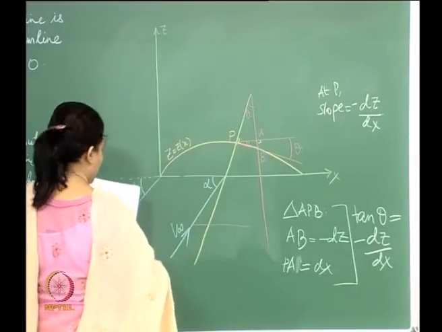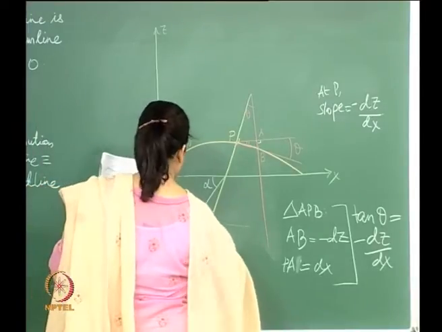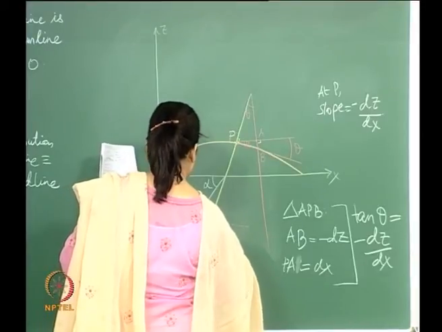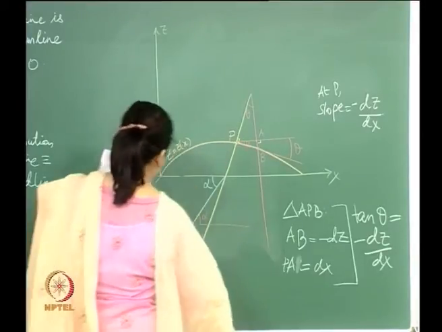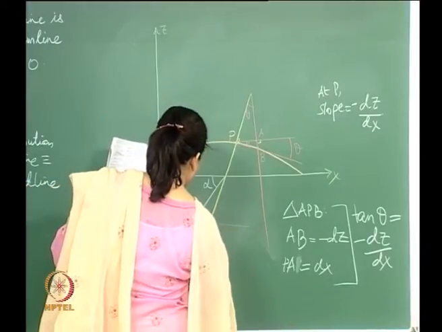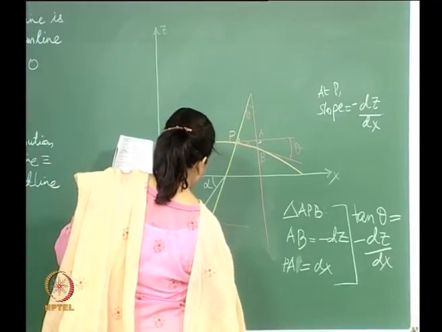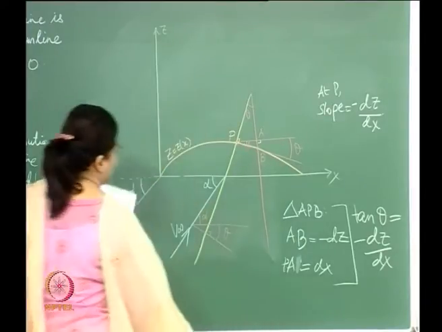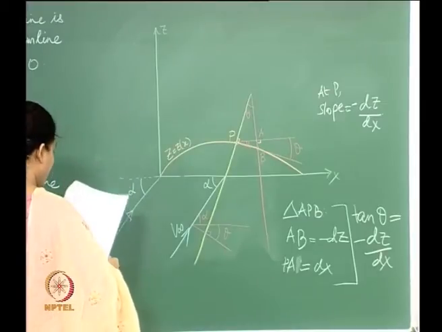If I look at this, then this is my alpha, and if I drop a perpendicular over here, this is my theta.